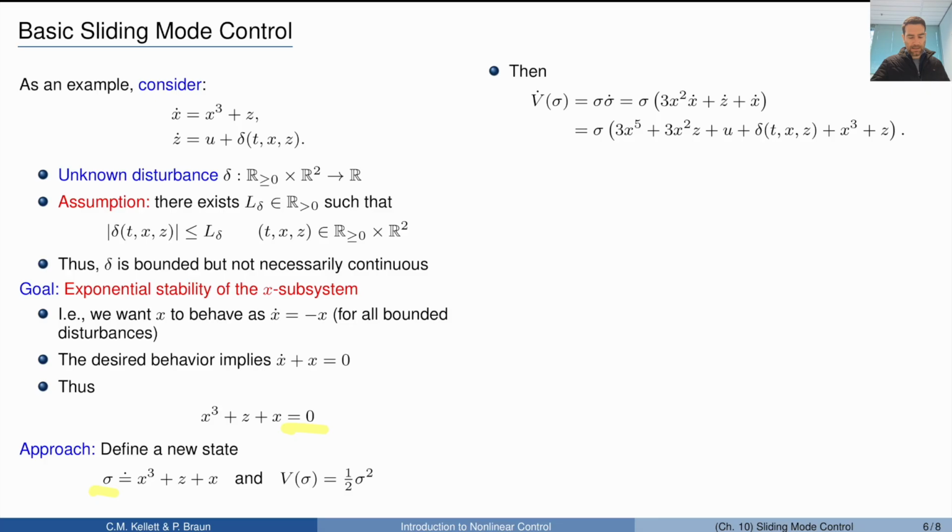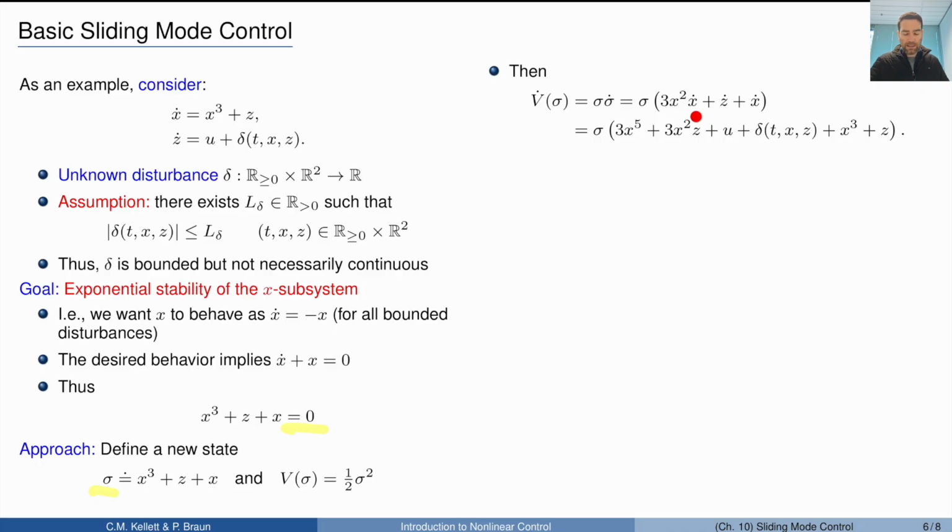All right, as a next step, what we're going to do is take the derivative of V with respect to the time, simply giving us sigma times sigma dot, and we can calculate the derivative of sigma simply by taking the derivative of this equation, providing us this equation up here.